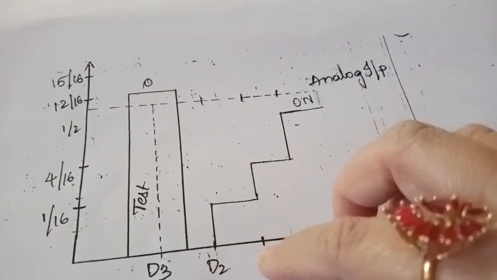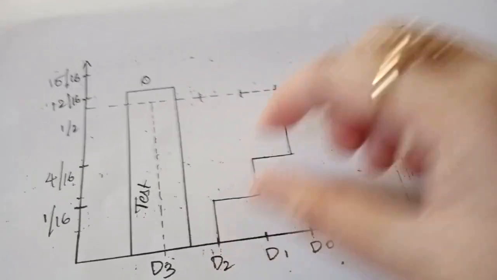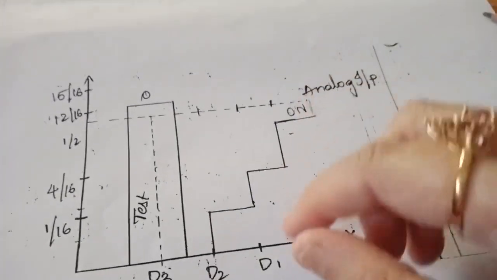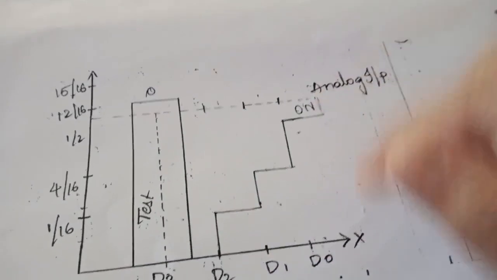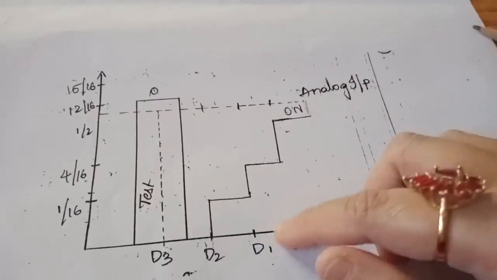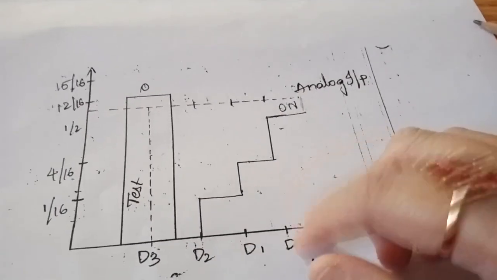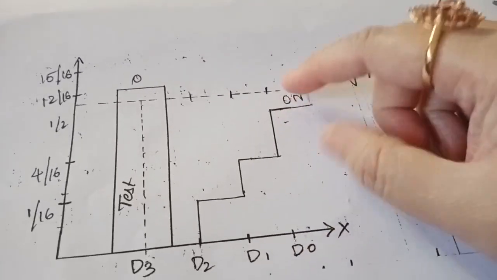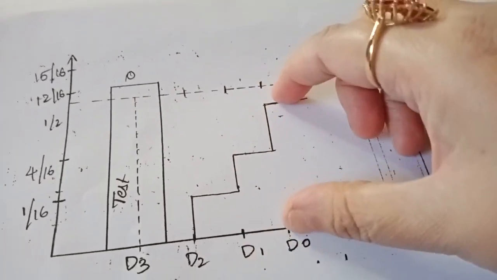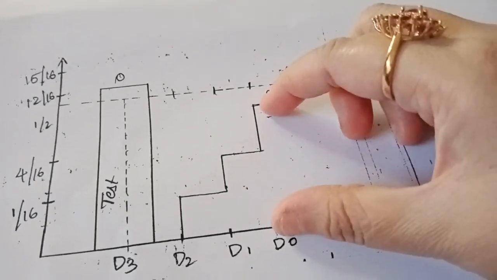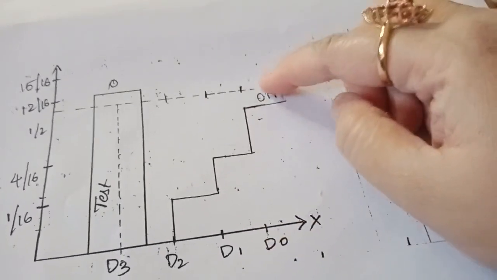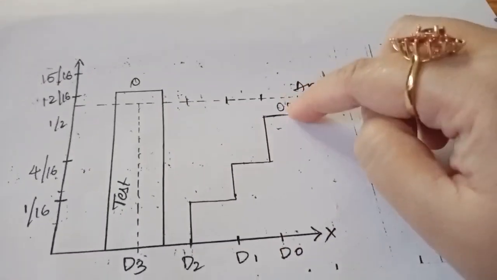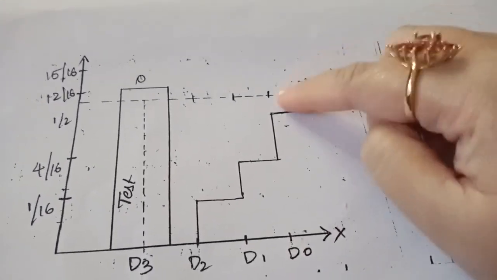Who will be on? D1. Now D1 output is this much. Where is your analog? Here. Again D1 will be off. Finally it will reach D0. D0 is this much height. So this much gap is there, so now it is approximately equal to analog input.